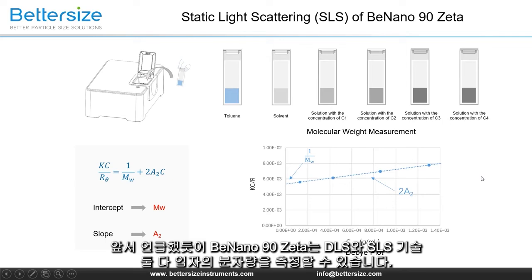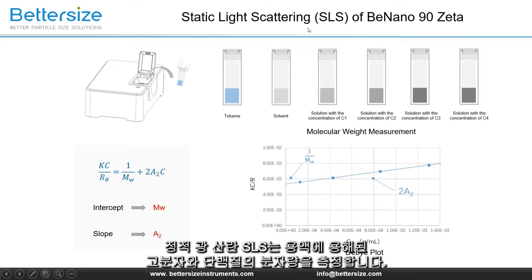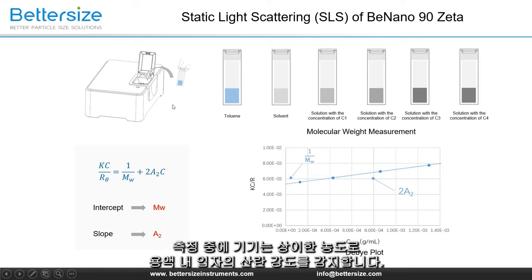As I have mentioned previously, the BeNano 90 Zeta can measure particles' molecular weights by both DLS and SLS techniques. Static light scattering, or SLS, measures the molecular weights of macromolecules and proteins dissolved in solutions. During the measurements, the instrument detects scattering intensities of particles in solutions at different concentrations.